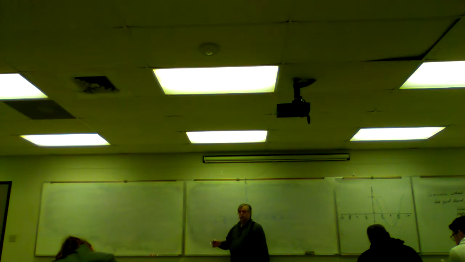So the domain is all real numbers except multiples of pi. So here, for example, we know that this is not part of the domain of tangent. We know that the y-axis is not part of the domain. X equals pi is not part of the domain.